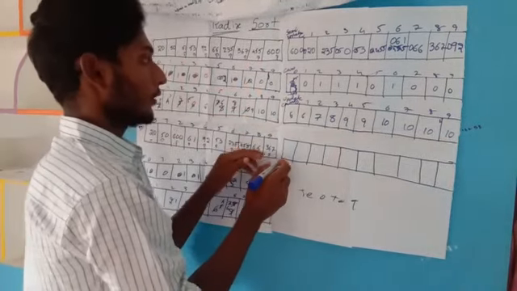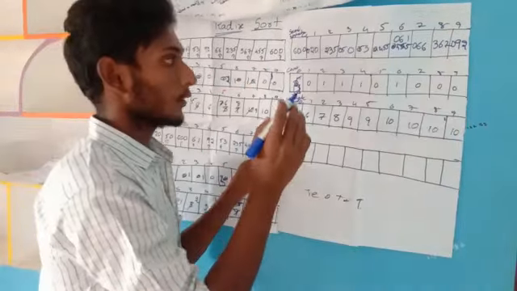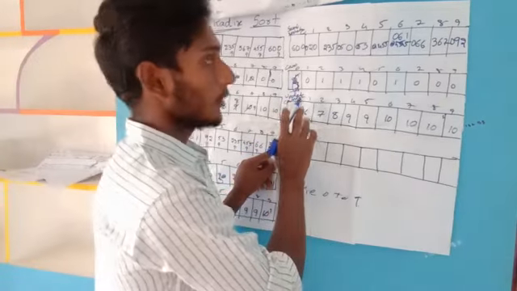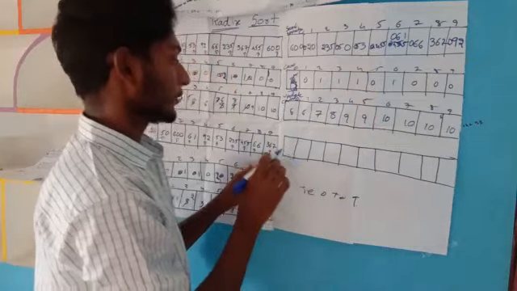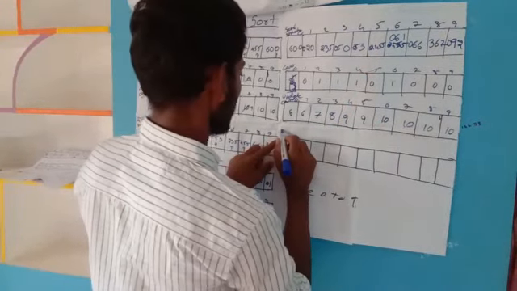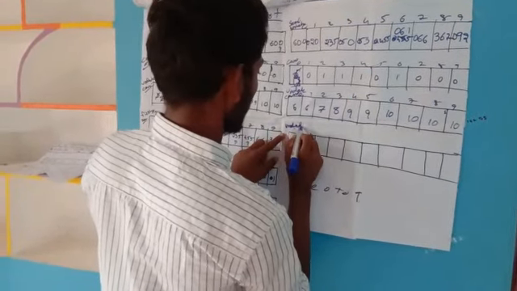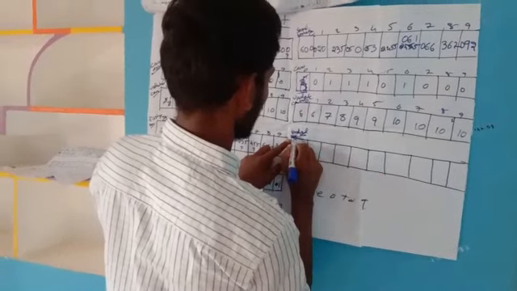So after updating the counting array, we have to write the hundreds place sorting elements. This is the 100 place sorting of elements.